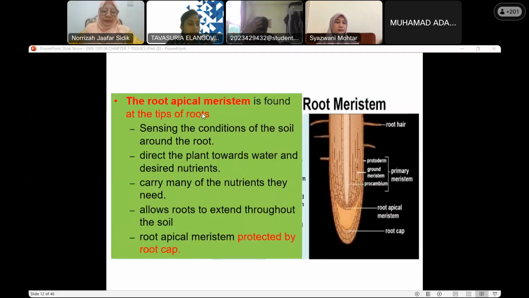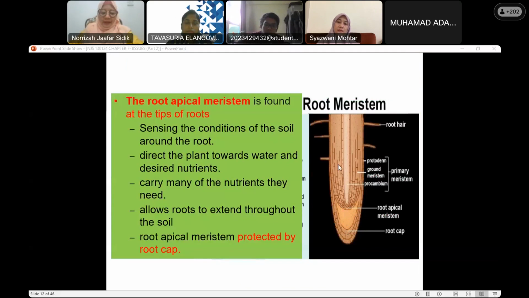Now we look at the root apical meristem that are located at the tips of the roots. You can see here, they also have the primary meristem, which consists of the protoderm, ground meristem, procambium.